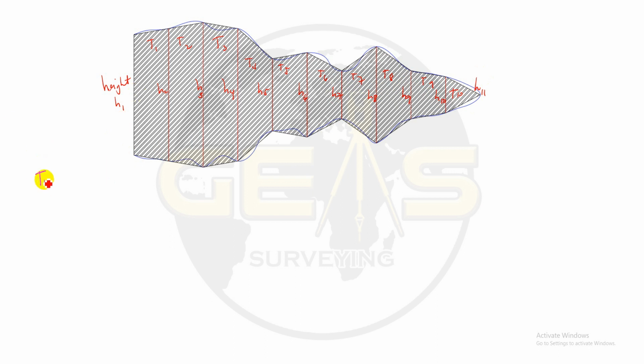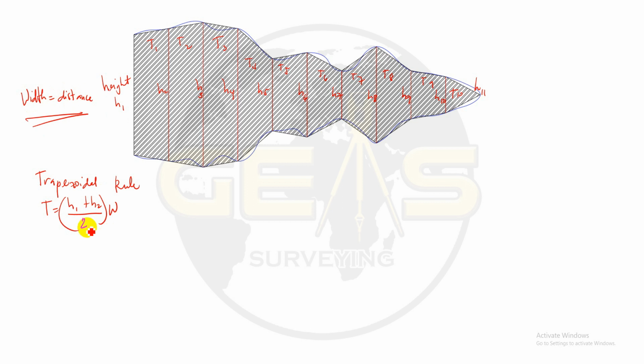Now we derive the trapezoidal rule. The formula for a trapezoid is H1 plus H2 all over 2 times the width. Width is also the distance.